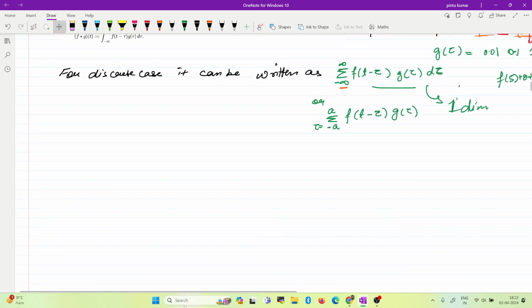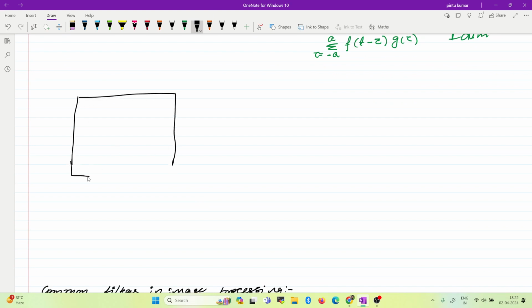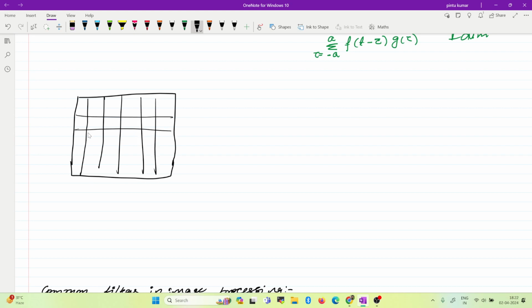Let's say this is some image that you have, and you want to convolve it with some 3 cross 3 matrix.